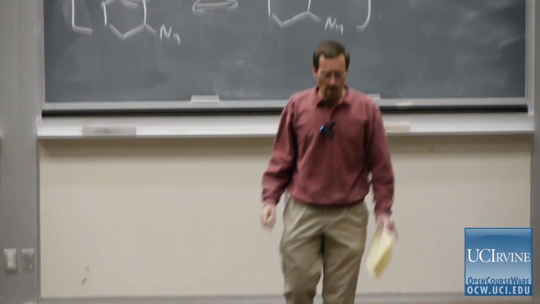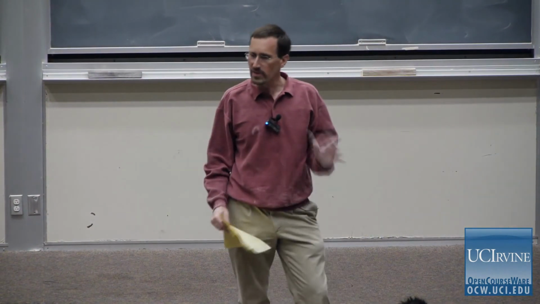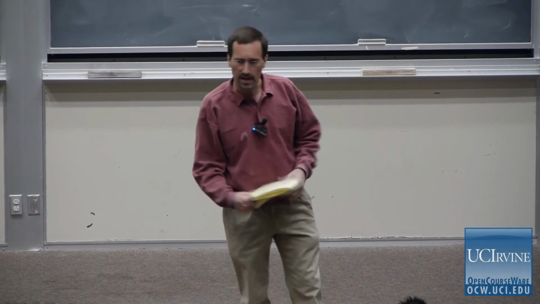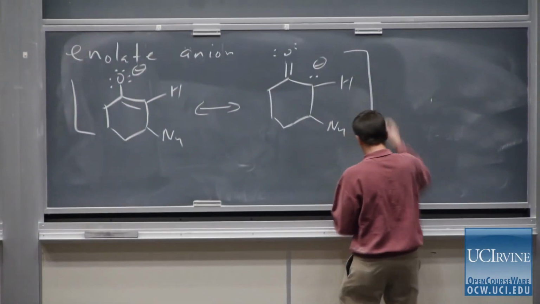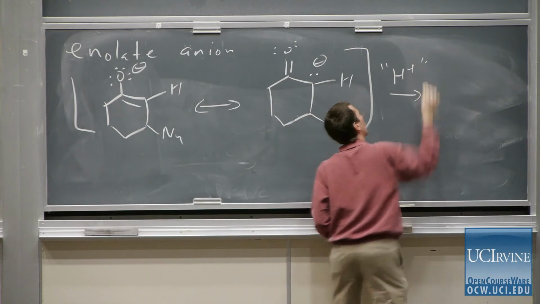But for now, what you can think about is that in the workup step of the organocuprate reagent, you protonate the enolate anion. You can think of it in occurring in two different ways. I probably like to think of it more in the way that I'm writing over here.